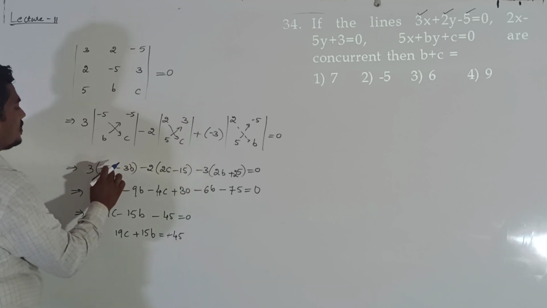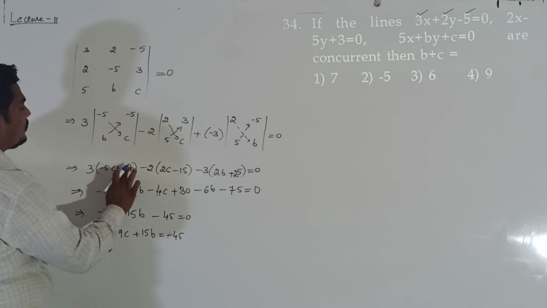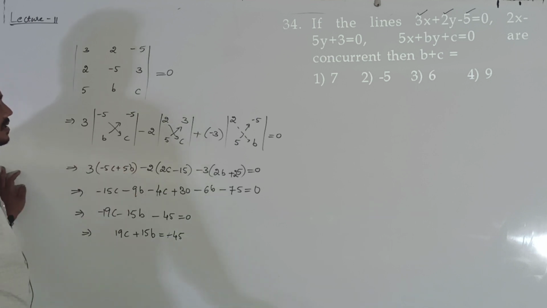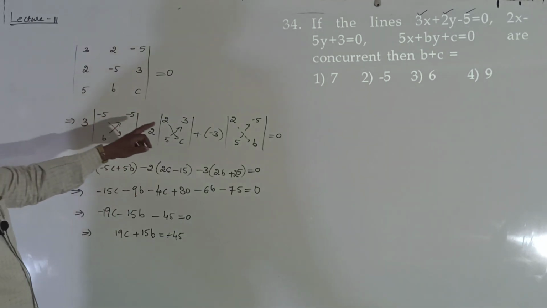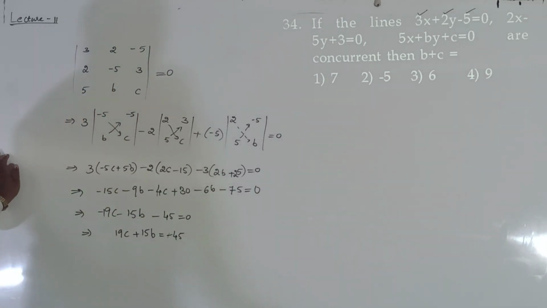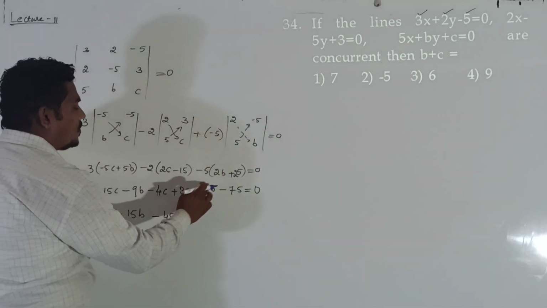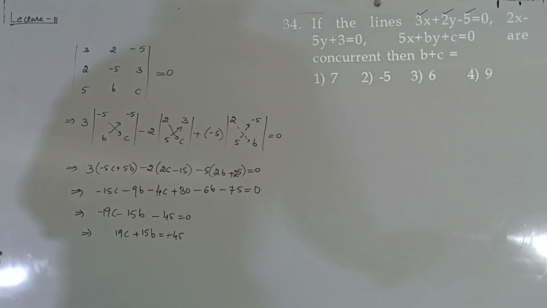Here minus 5c minus of minus plus 5b. Now I will simplify once more.